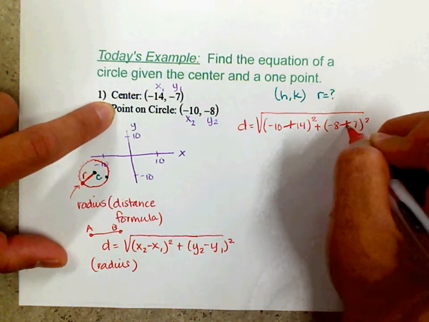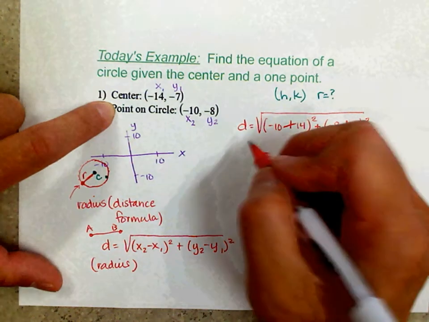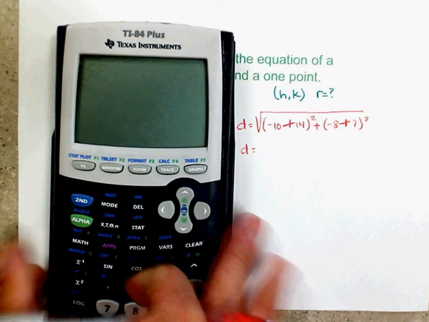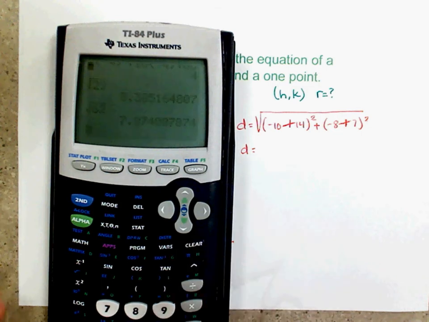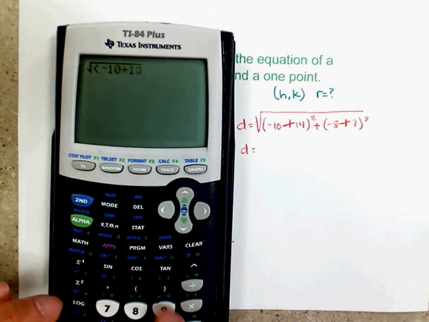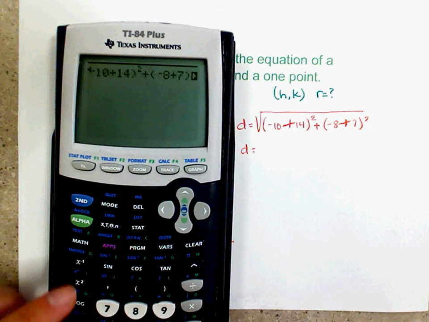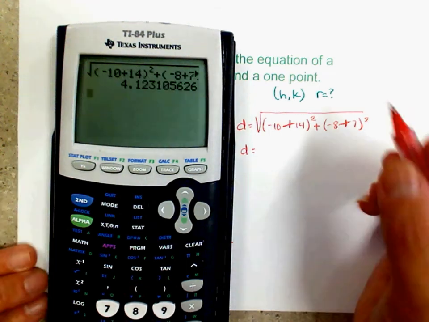You don't have to change it unless you want to. Type it into your calculator like this to find your d. Let me clear that. Square root, okay? Parentheses, negative 10 plus 14 square. Here's the square, so you don't have to go use the carrot top, plus parentheses, negative 8 plus 7 in parentheses square. And what did you get for your distance? 4.12.